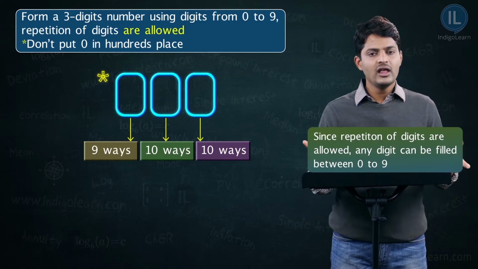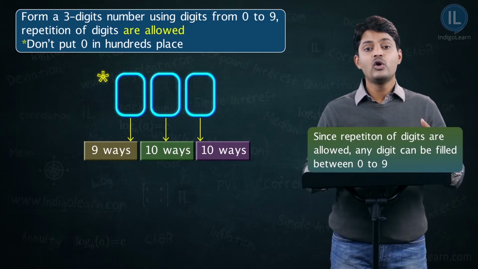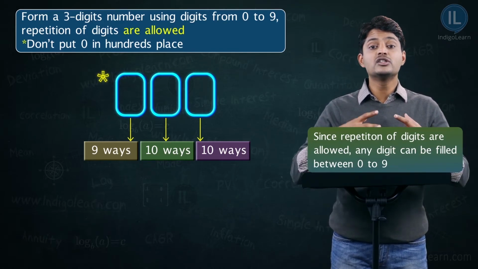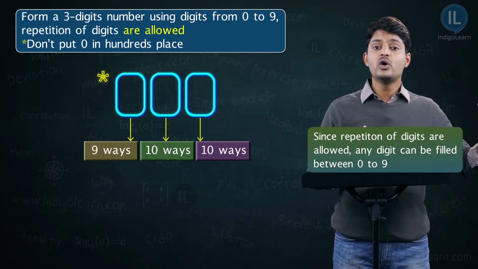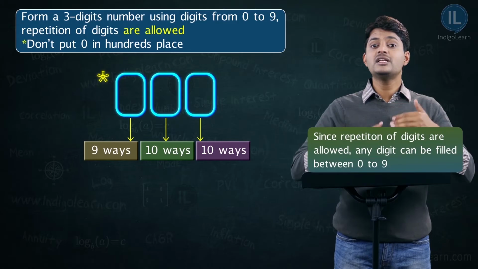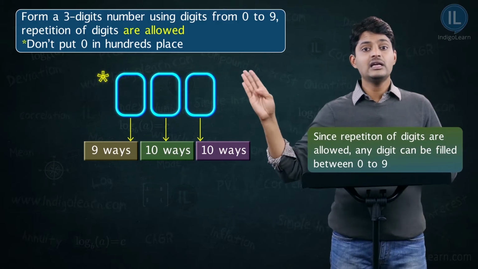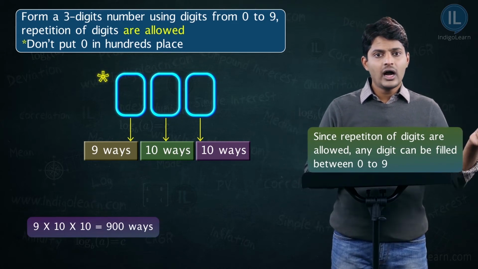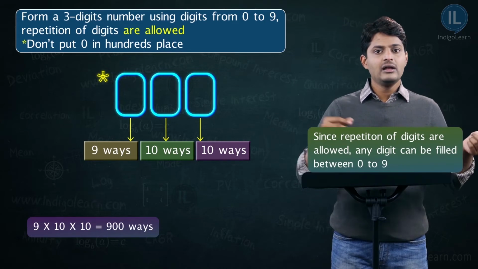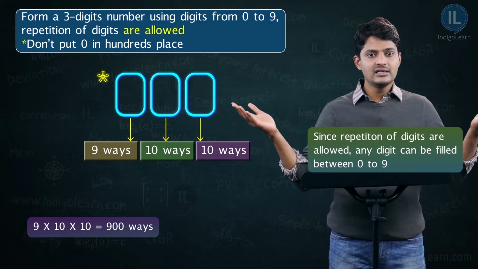Or in other words, if I want to know how many 3-digit numbers are possible using the digits 0, 1, 2, and so on up to 9, where repetition is allowed, it is 9 into 10 into 10, which will give you 900. So if you try to count, 100 is the first 3-digit number, 999 is the last 3-digit number.